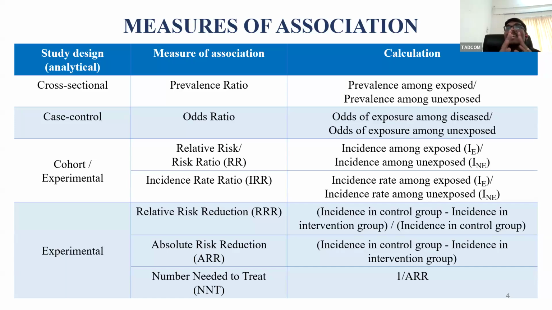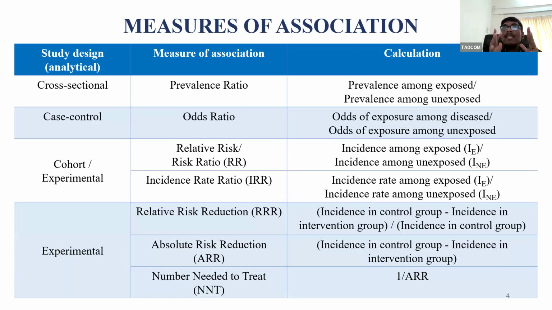So what is this case control study? In a case control study, we start the study by choosing cases who have the disease and controls who don't have the disease. We will be going back in a retrospective manner, reviewing all their records, and finding out whether exposure is present or absent, in cases and in the same way in controls.